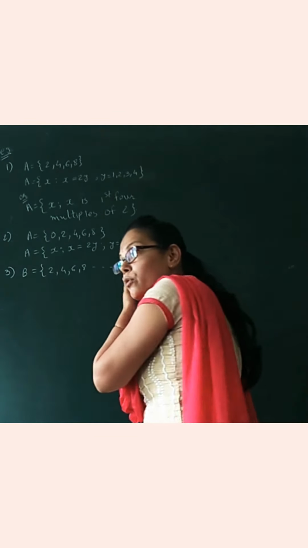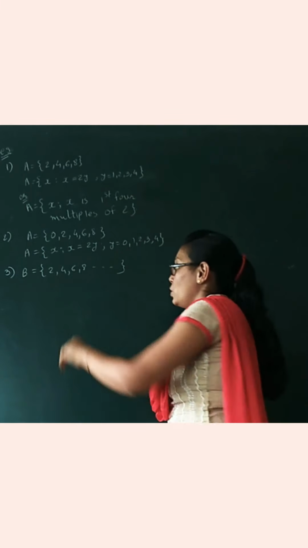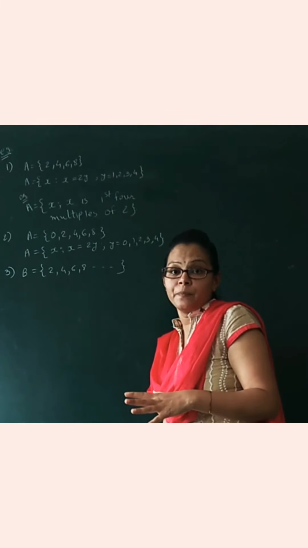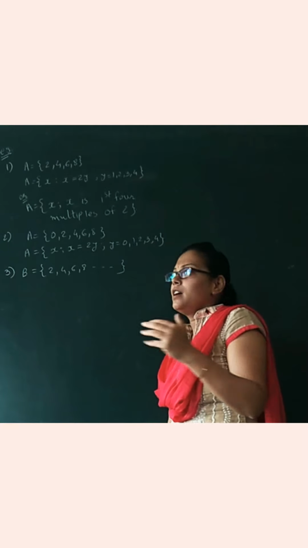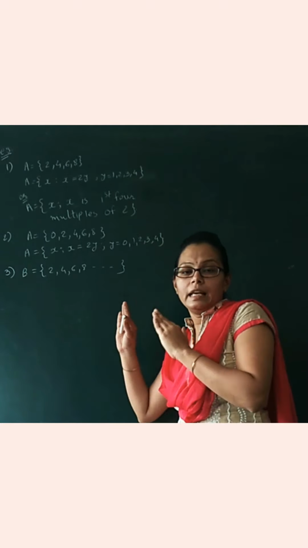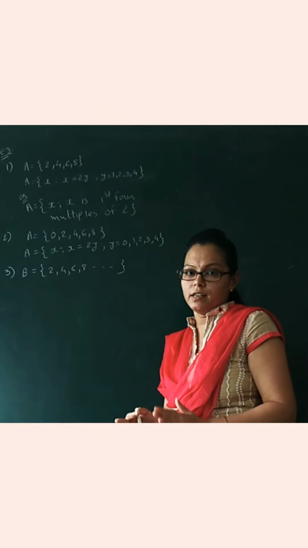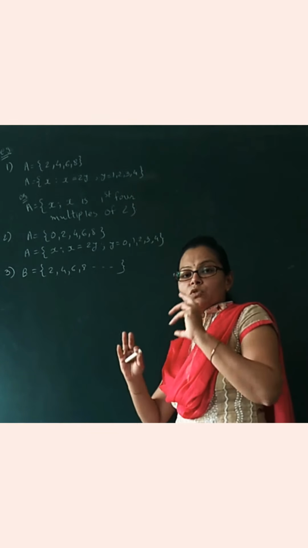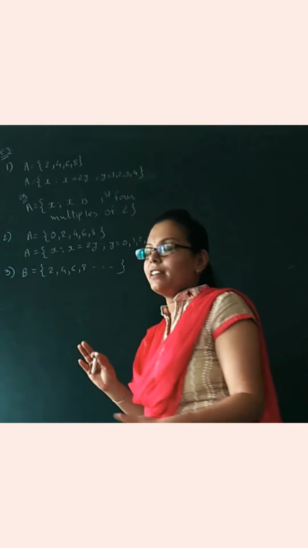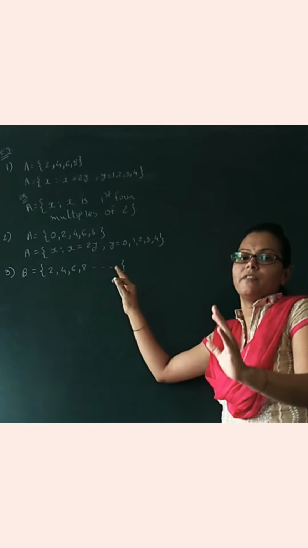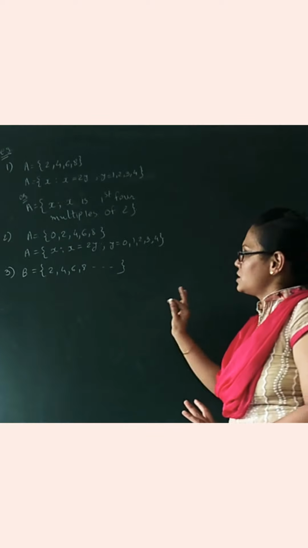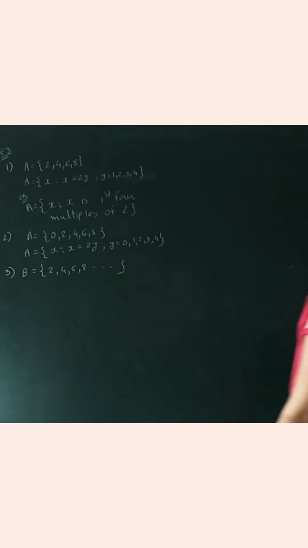If I am talking about 5001, then I know that it is not in this set. ठीक है, so जितने भी numbers हैं, I know very well which are in it or not in it. Okay, so when I can clarify this, then only I can say it is a well defined set.